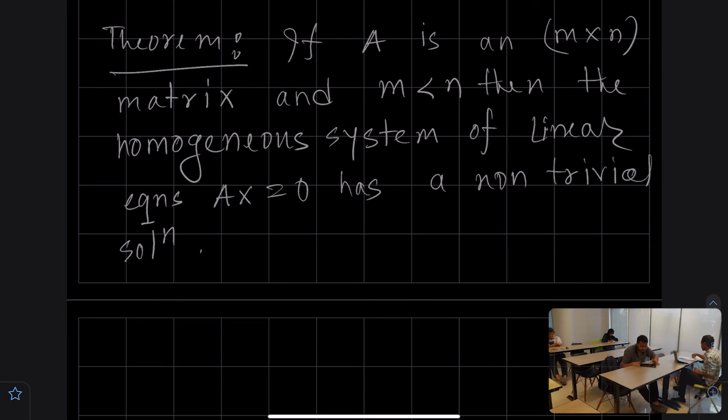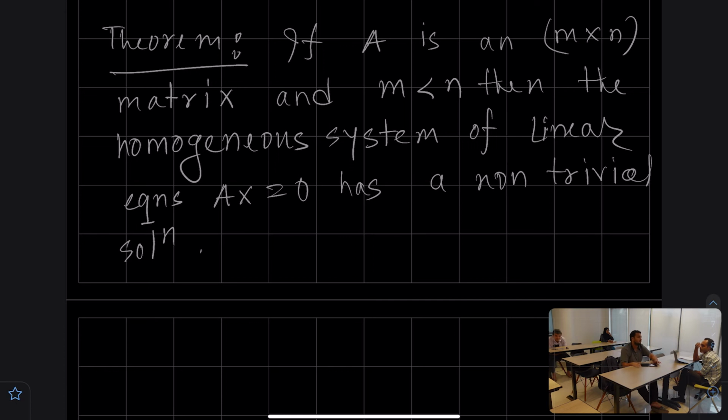So first, let us take a moment and try to understand the theorem. The theorem says if A is an m cross n matrix and m is less than n, then the homogeneous system of linear equations Ax equal to 0 has a non-trivial solution. So A is an m cross n matrix, right? And I'm considering the system Ax equal to 0.